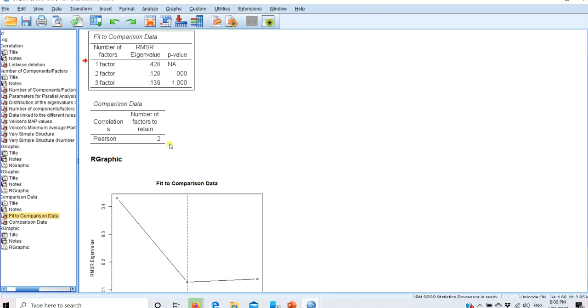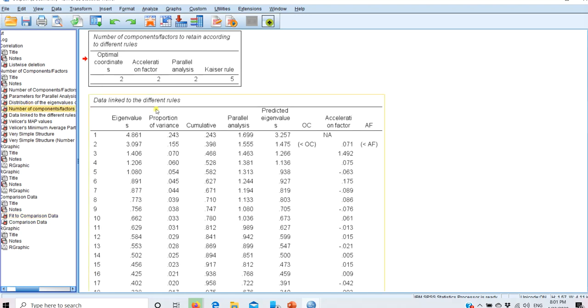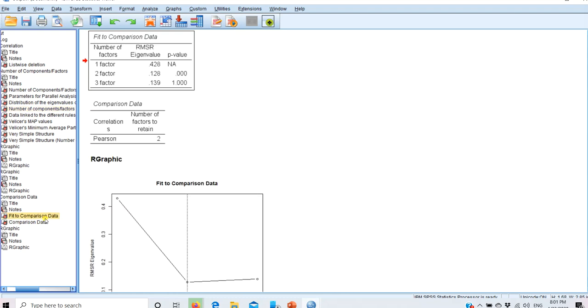For example, in a simulation study, it was found that if comparison data and parallel analysis correspond, so here parallel analysis is suggesting 2 and comparison data is also suggesting 2, then around 90 or 92% of the time the procedure identified the correct number of factors.